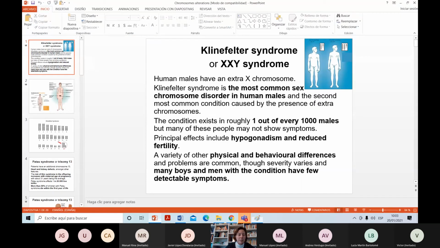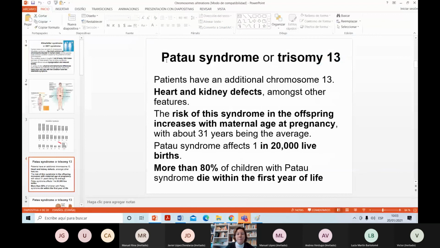What is the name of this syndrome? This one is the Patau syndrome. You probably haven't heard about this syndrome because, unfortunately, it's very rare that these people get old. They usually die within the first or maybe 2 years in their life.